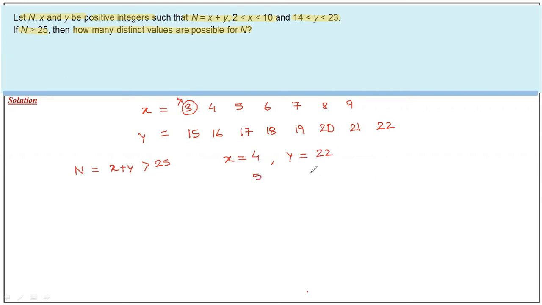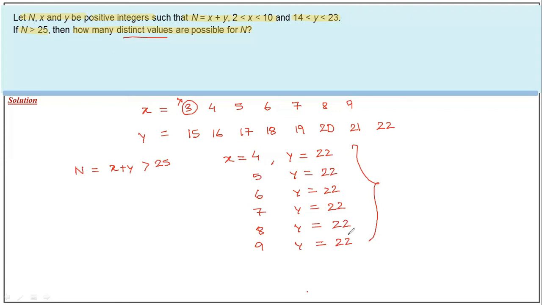When x is 5, y can be 21 and 22. But since we have to find distinct values, that means y 22 again. Similarly for 6, y is 22. For 7, y is 22. For 8, y is 22. And finally for 9, y is 22. So there are 6 distinct values possible.